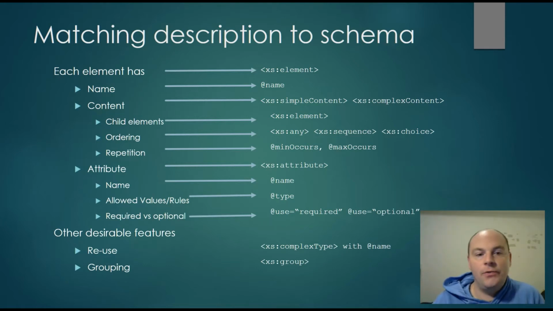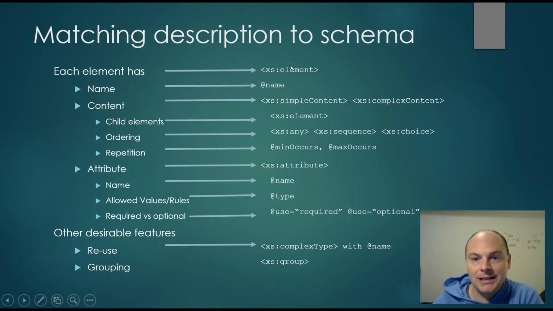And like any good thing, we would like to have reuse. We mentioned that we want to be able to reuse things. So the good news is we can take and wrap these things into a type, which is kind of a collection of all sorts of stuff, and give it a name. And then we can reference that type by its name. And lastly, grouping is used to build these basic aggregators: any, sequence, and choice.